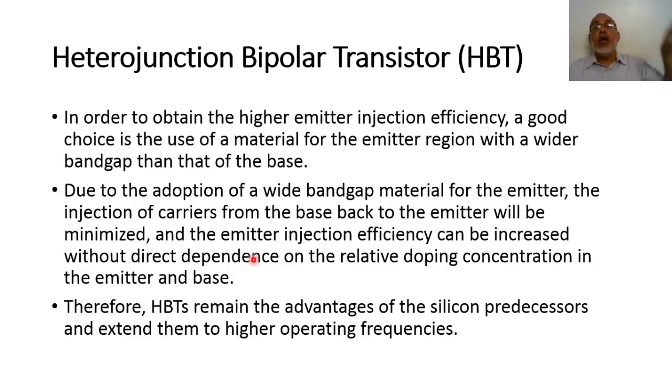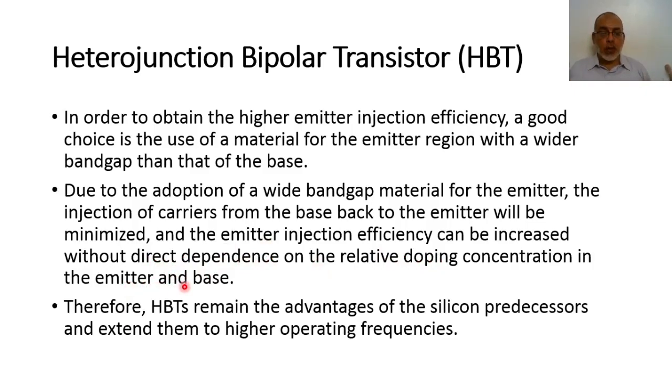Because effectively the emitter in this case has a wide band gap. It means that the carriers already have higher energy, so I don't need higher doping such that the majority of the carriers go from the emitter to the base. So we say that the emitter injection efficiency can be increased without direct dependence on the relative doping concentration in the emitter and the base.